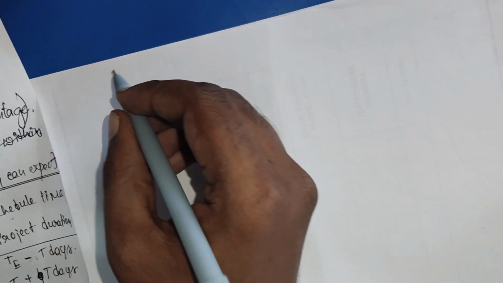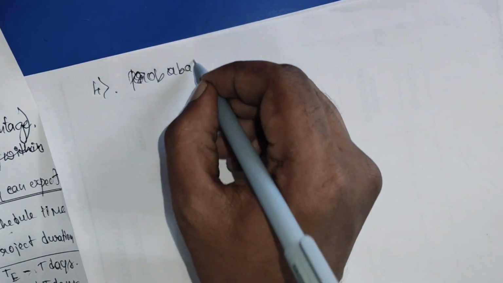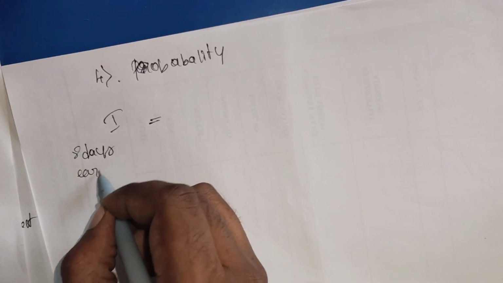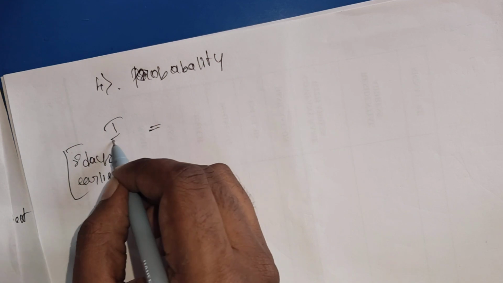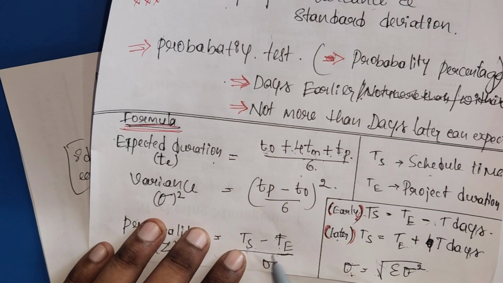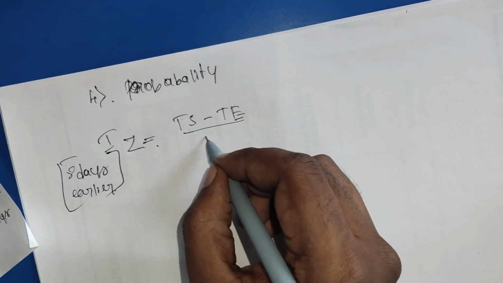Yes, what is the actual formula to calculate the fourth one? Probability is equal to, first one, what they are asking: 8 days earlier. For 8 days earlier, the probability is equal to TS minus TE divided by standard deviation.